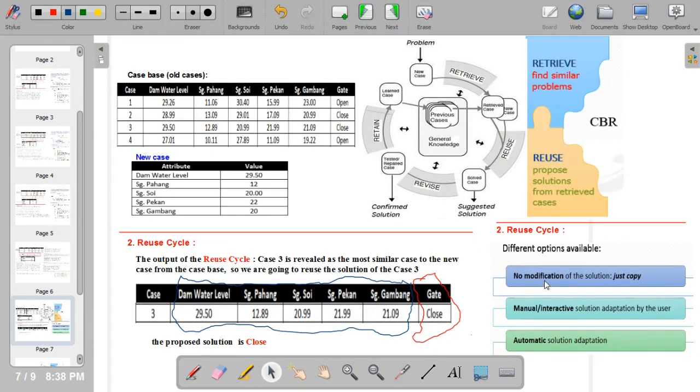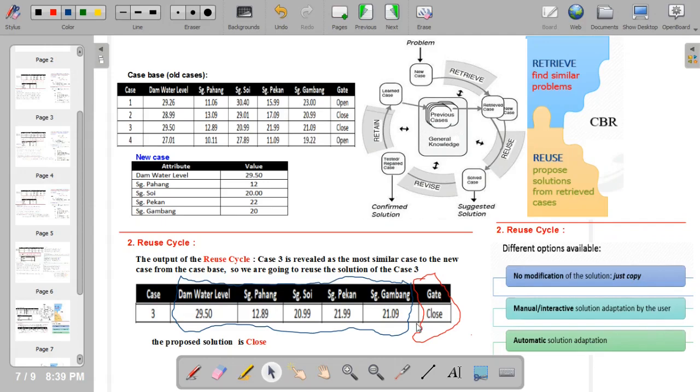How are we going to reuse? We have 3 options. Do you still remember in our slides? We have modifications, we have adaptations, where we do the adaptation by the user, or we use the automatic adaptation solution. In this case, we will go with the first option, where we are just going to copy. Why? Because our solution in this case study has only 2 possibilities, open or closed.